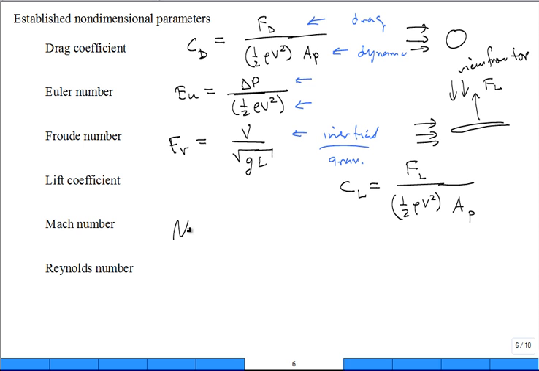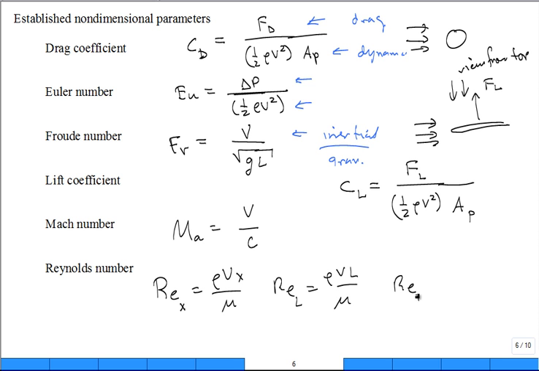Mach number is the ratio of the speed of the fluid, or the speed of the object in the fluid, divided by the speed of sound in the fluid. And then the Reynolds number, and there's a lot of Reynolds numbers. Sometimes they put it rho Vx over mu, Reynolds number based on length, rho VL over mu, Reynolds number based on diameter, and so on.